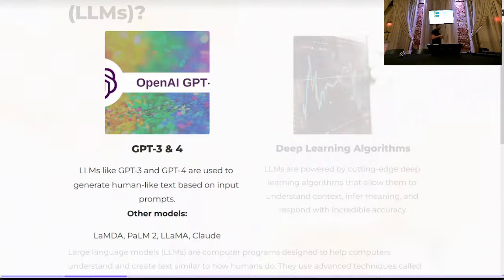So when it comes to the nuts and bolts of this, how does it actually work? This is just a very, very sophisticated word prediction engine. The way that this works is that it is trying to predict, based on statistics and probabilities and all the data set that it is trained on, the next word in a sequence based off of the prompt that you give it.